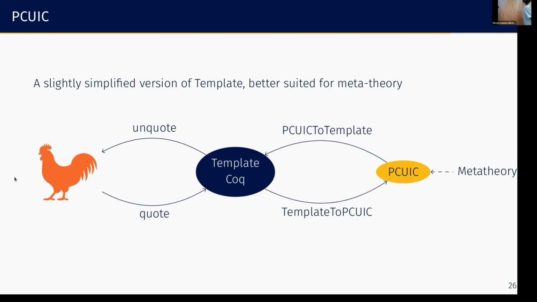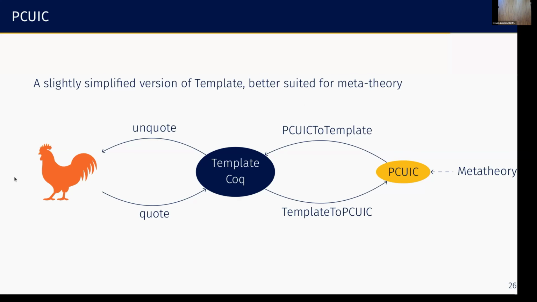So most of the work we've done is actually not on TemplateCoq. TemplateCoq is the thing that you get directly when you quote Coq terms, and then you can unquote back. But that thing contains a lot of very nasty things, like for instance the cast nodes that are there because they're there in Coq, but they're not very relevant for metatheory because they're not doing much. N-ary application is really a pain when you want to develop metatheory.